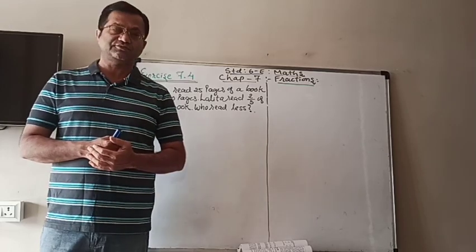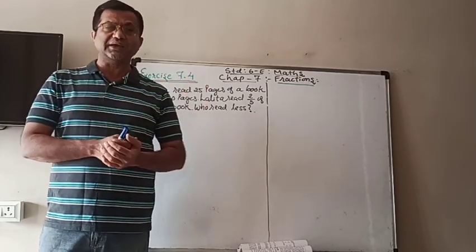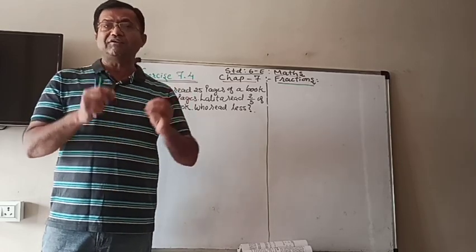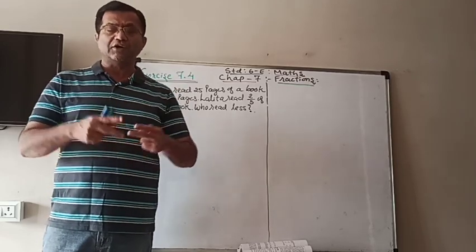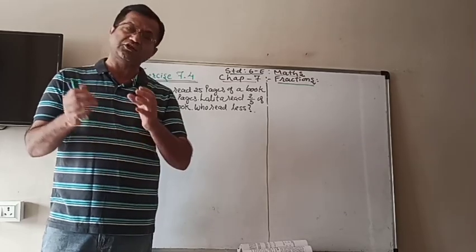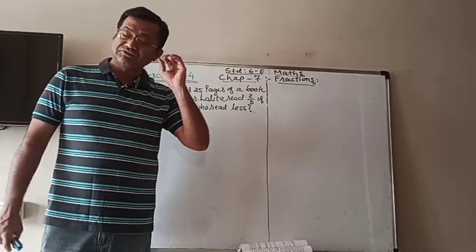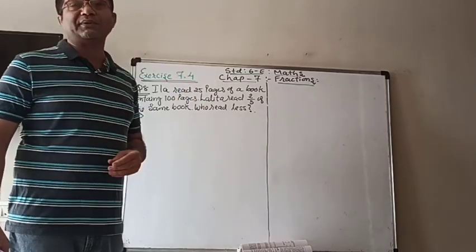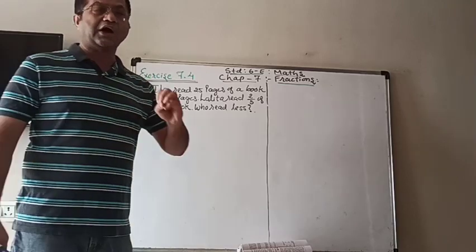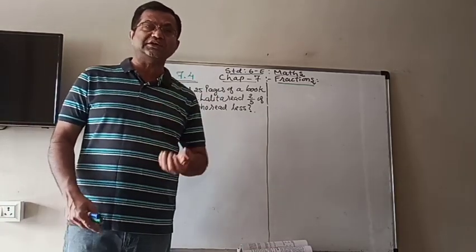So now, to compare them, we have to convert both into fractions. One is already given in fraction, but for Ila, we are given the number of pages read out of 100. So first we will convert it into fraction.